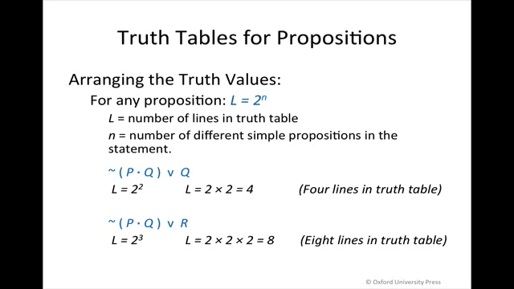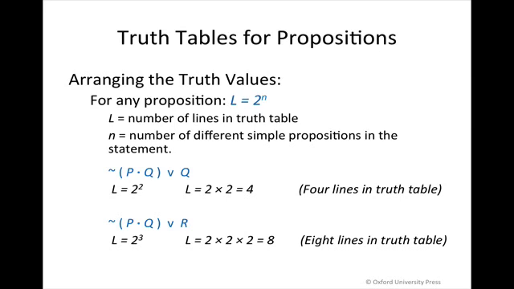On the other hand, the sentence below that, which involves three simple sentences, will have more rows of the truth table. So what you understand, I hope, is this: the number of rows that you have depends on the number of simple sentences in any proposition.